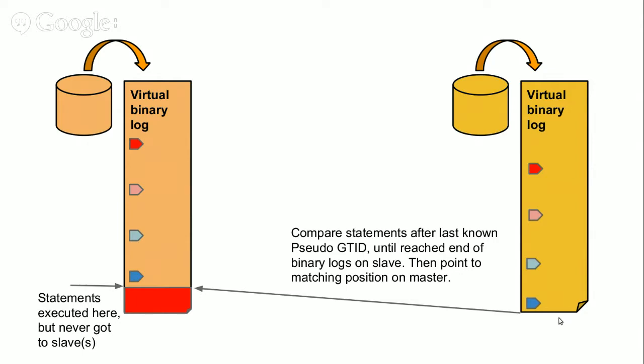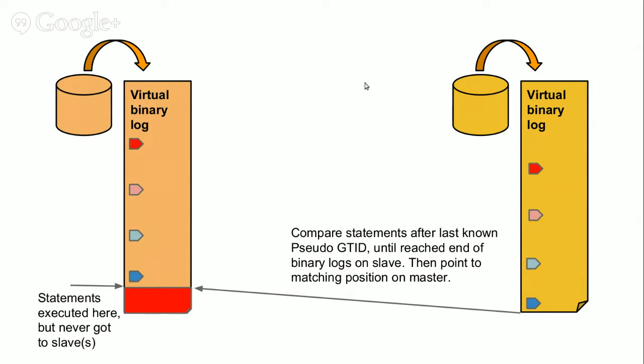At that point, I take the slave and point it back to that position where we ended the comparison of all identical statements and reached, okay, thus far we know the slave has been through, and starting with this position, all statements on the master have not been delivered, executed, whatever. I don't really care whether those statements were in the relay log or not. I just care about whether the slave has executed them.